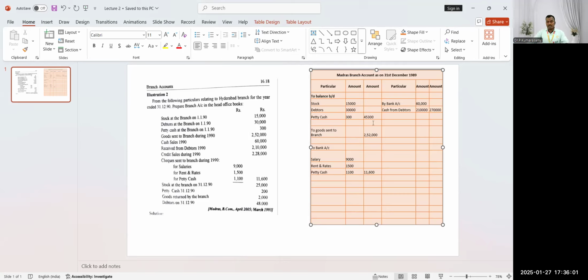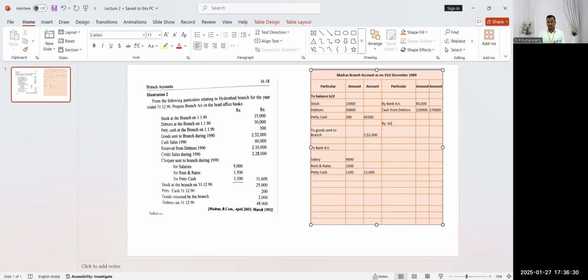Then goods returned by the branch. Where will you write goods returned by branch? When they are receiving the goods, the journal entry is Madras branch account debit to goods sent to branch. You have recorded it on the debit side. When branch is returning goods to head office, now the journal entry should be reversed. So goods sent to branch account debit to Madras branch account.